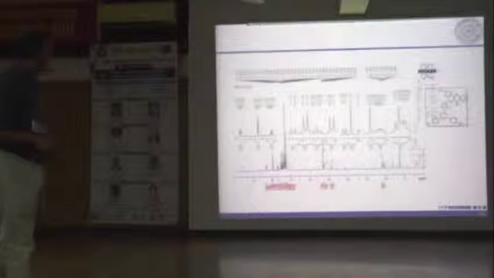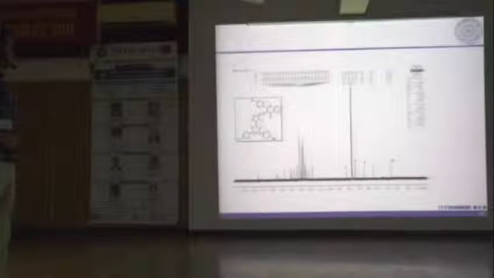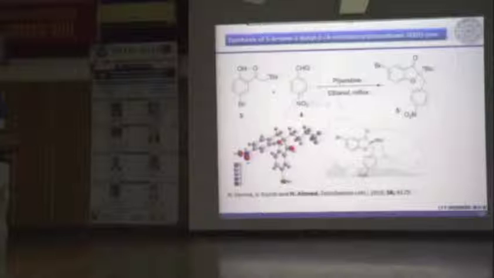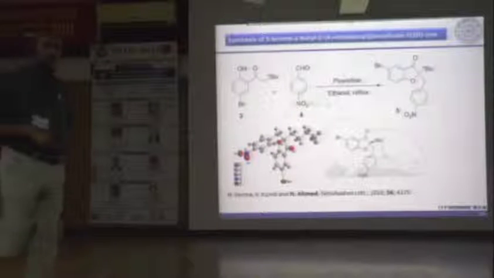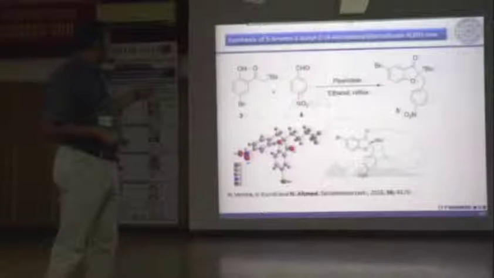Characterization, if you are looking, all are well characterized with the help of proton NMR here, carbon 13 NMR. If you look, I generally assign the numbers showing which carbon is going to appear where. This is another work here.